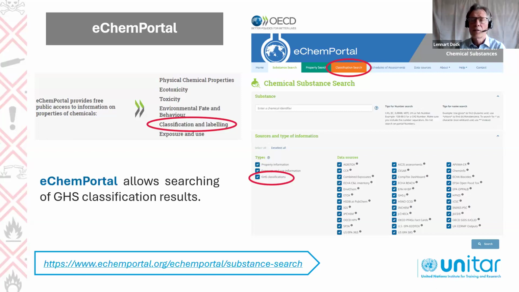The UK has left the European Union, but they also have their own mandatory classification list, which is actually still the same as the EU's. So the eChem portal is one way of getting this information. You have the link at the bottom here, and there's more about this, of course, in the material that UNITAR provides on its website.